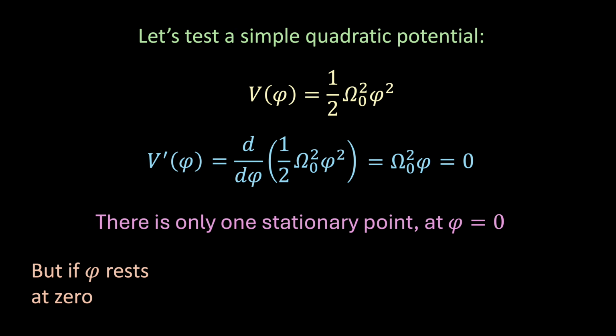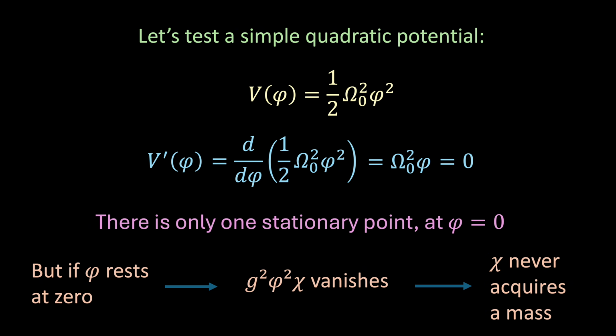But if phi rests at 0, then the interaction term g squared phi squared chi in the chi equation of motion vanishes, and chi never acquires a mass. So the quadratic case cannot give us what we want. We need a different potential, one that forces phi to settle into a non-zero value v.